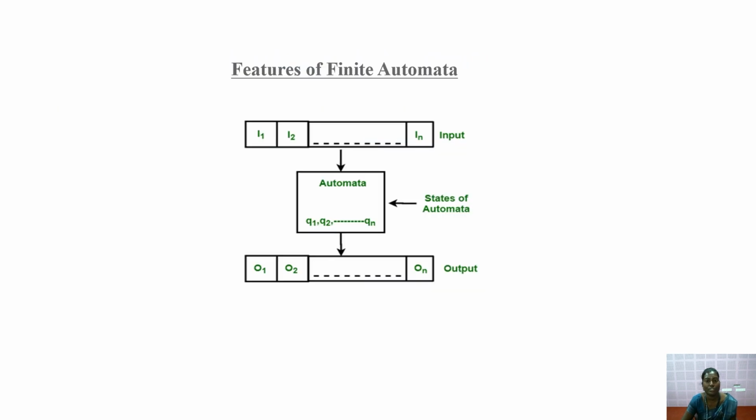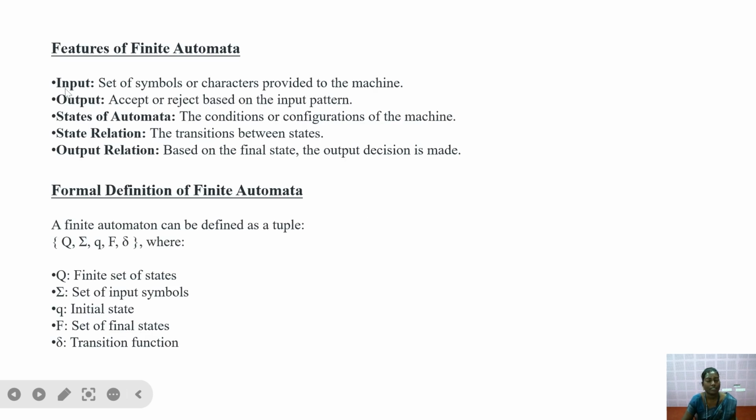And these are the features of finite automata. First is input and next is output. It consists of states that are represented as small q1, q2 and qn. Now a description of the features of finite automata. Input is a set of symbols or characters.